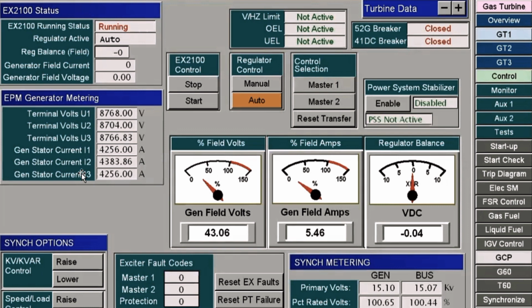These are different currents. I1 is 4256 amperes, I2 is 4383, and I3 is 4256 again. So I2 is more. There is a difference in the current, and this is unbalanced current. So the unbalanced protection should operate.